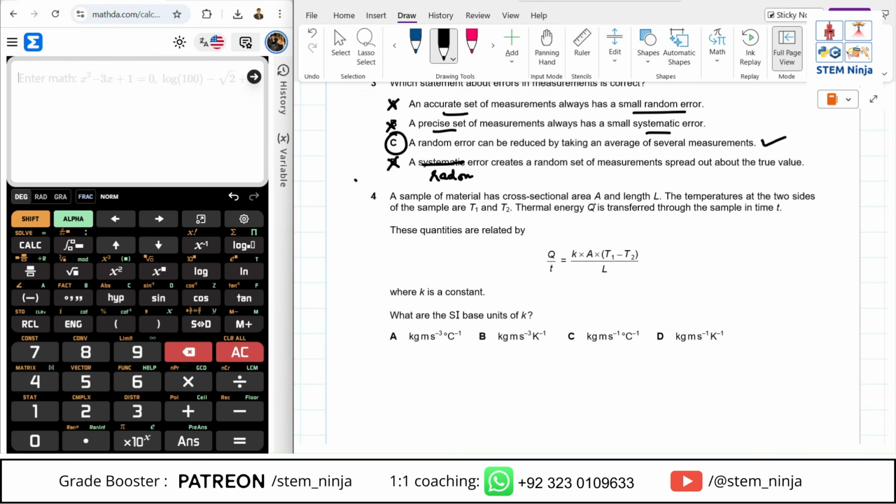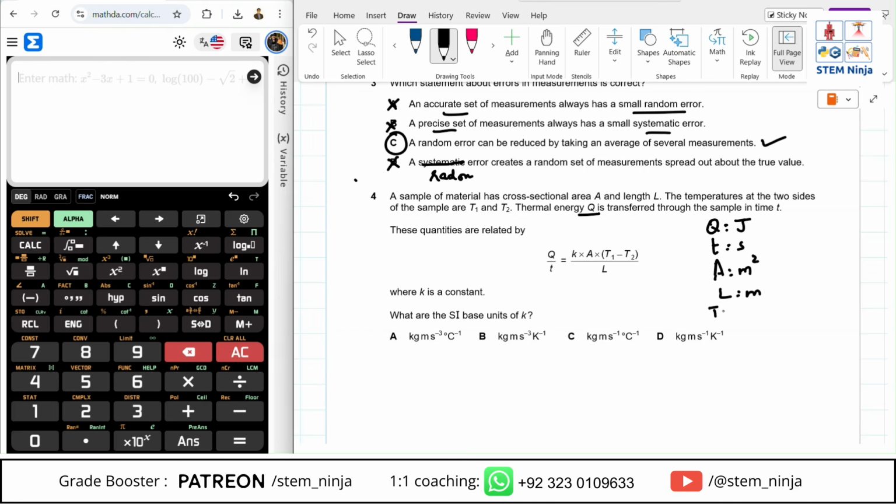Okay, so thermal energy Q is in joules. Time is in seconds. A is in meters squared. L is meters.